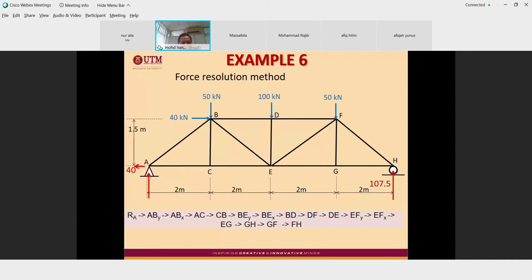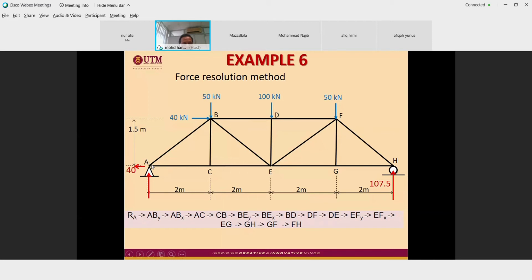For the AB X direction, we can use 40, but we have two members with horizontal components, AB and AC. So we cannot start with horizontal, because there are two horizontal components: one for AB, one for AC, and we have 40 here.